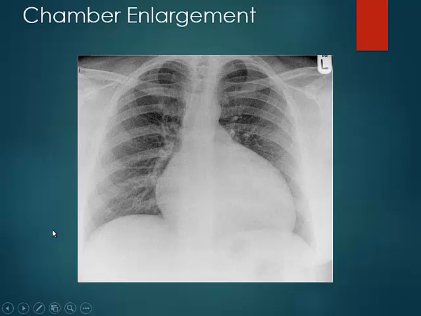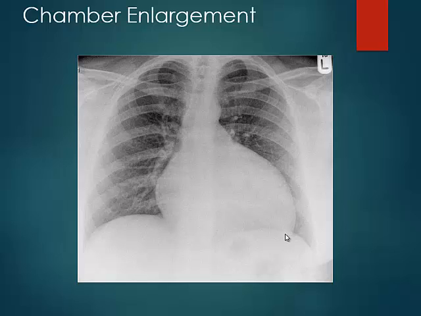Okay, what about this now? If you see here, this is odd, isn't it? What is this border formed by normally? Left ventricle. But when you see prominent convexity here, that is not enlargement of the left ventricle.